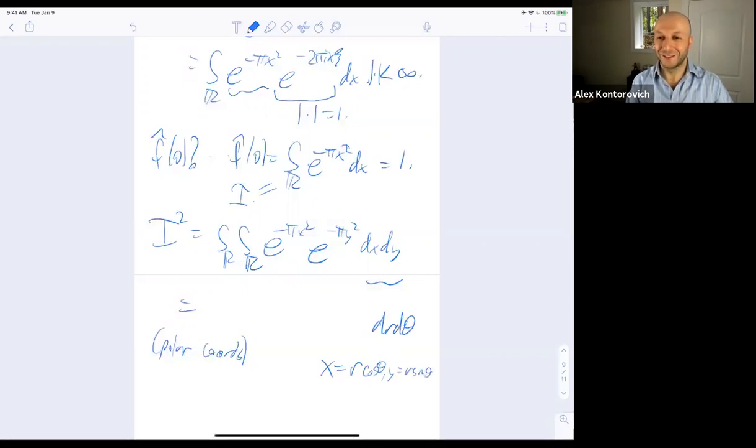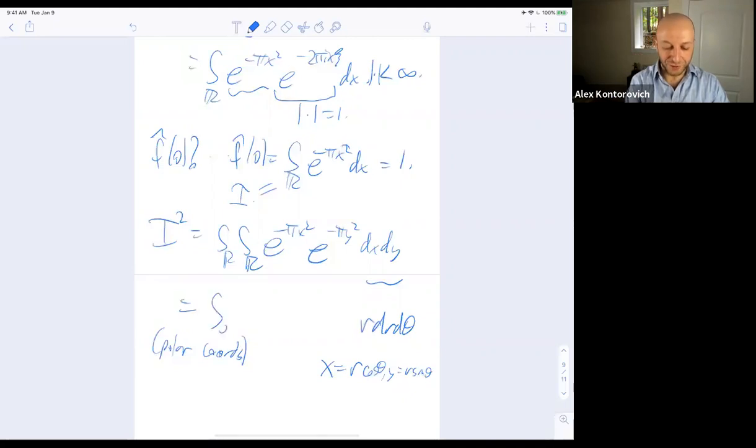The Jacobian is r dr d theta. You guys don't memorize r dr d theta? You've seen that before, right? Okay. Oh, I thought you wanted the full Jacobian, the determinant.